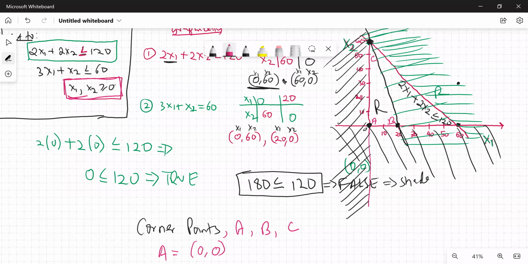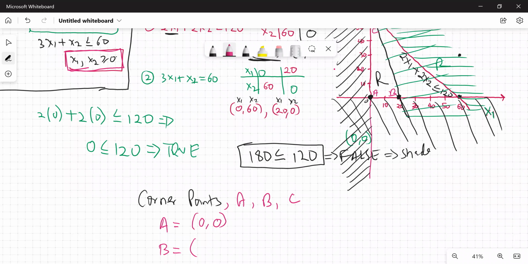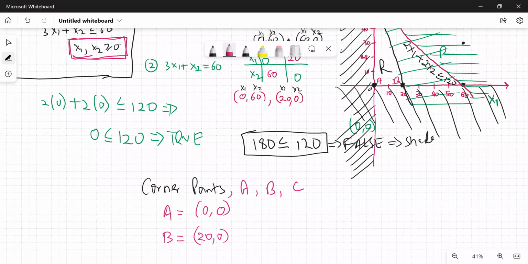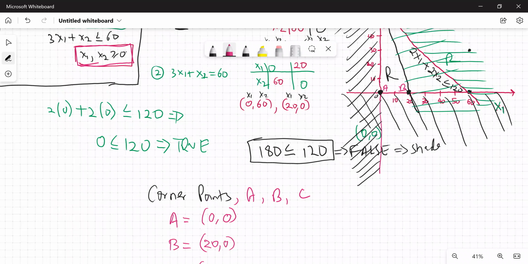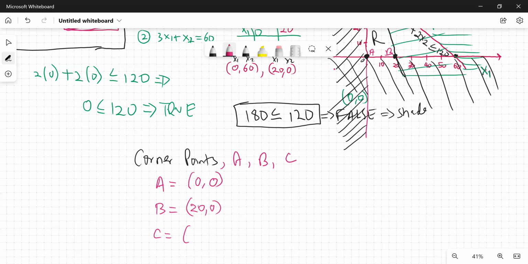Point B is what? X1 is 20 and the other one is 0. And then point C: X1 is 0 and X2 is 60.